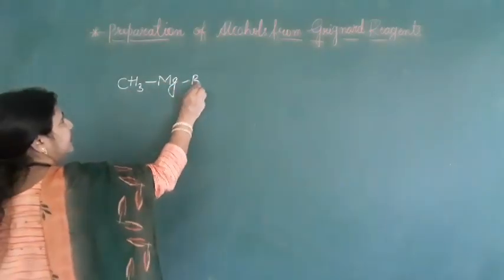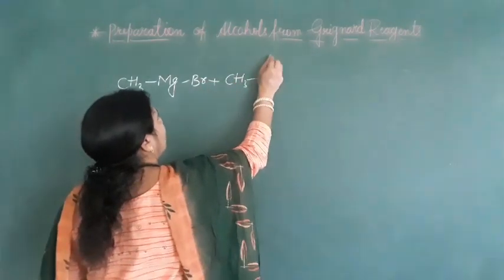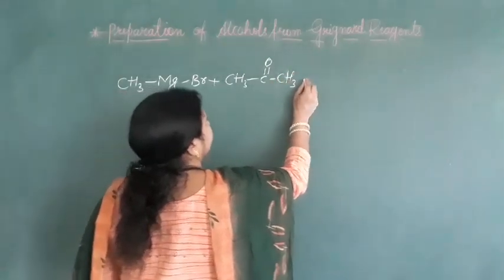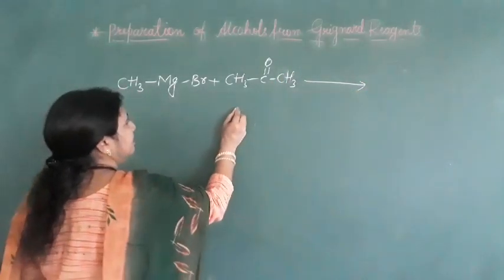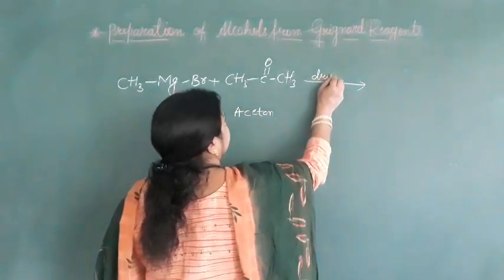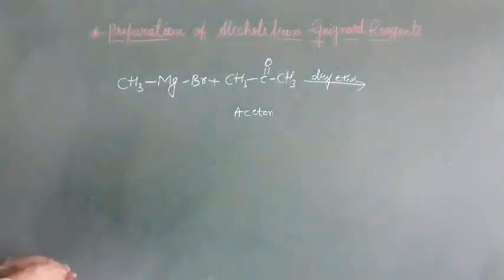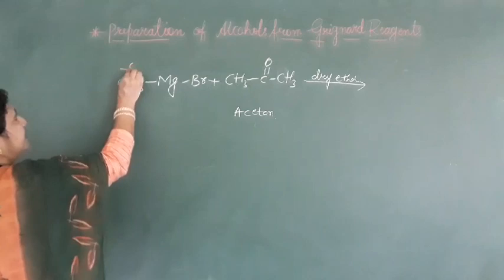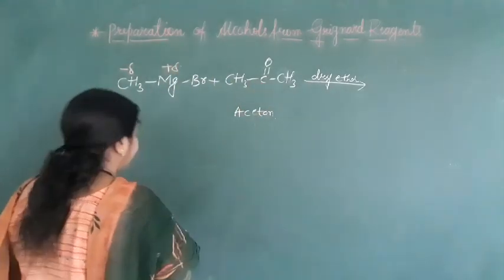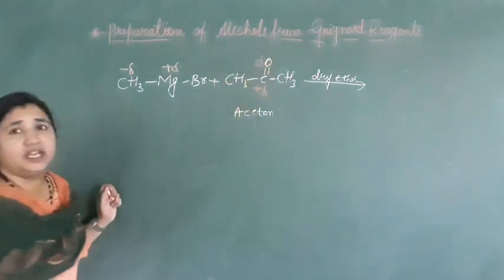Now if you take acetone here, CH3 C double bond O CH3, this is acetone, a ketone, in the presence of dry ether. Now this methyl group is partially negative, this carbon is partially positive, and this oxygen is partially negative here.